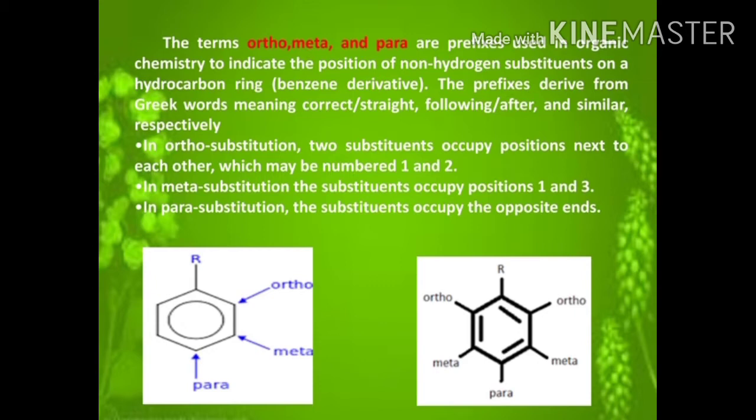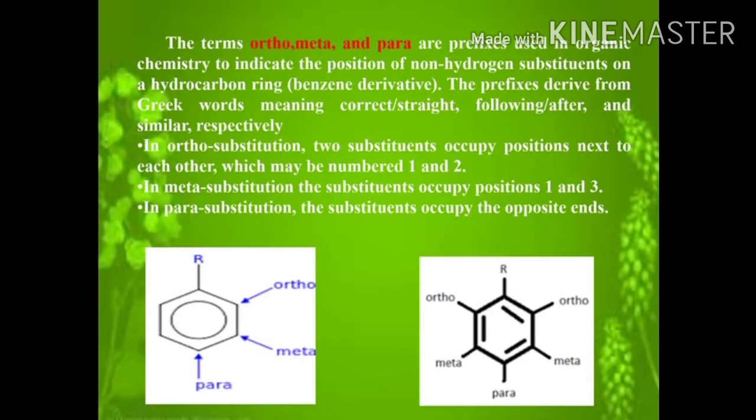In ortho substitution, two substituents occupy positions next to each other, which may be numbered 1 and 2. See the diagram. The R group linked carbon is denoted as 1. The next carbon is 2.